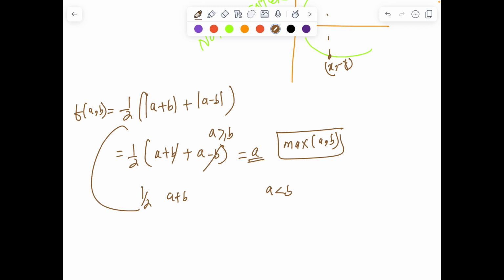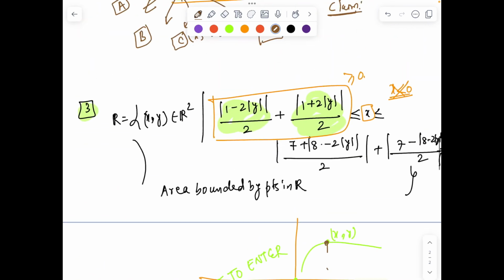Similarly, if a is less than b, it will open as a plus b plus b minus a, and now this time a gets cancelled and we have b as the answer. That means this expression is picking up the value of a when a is greater, and it's picking the value of b when b is greater.